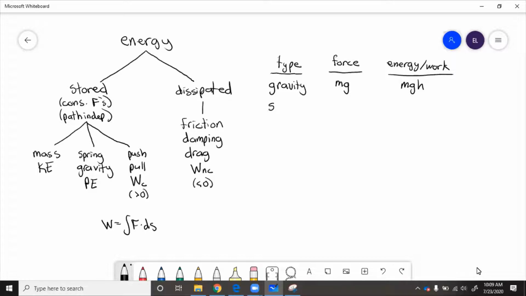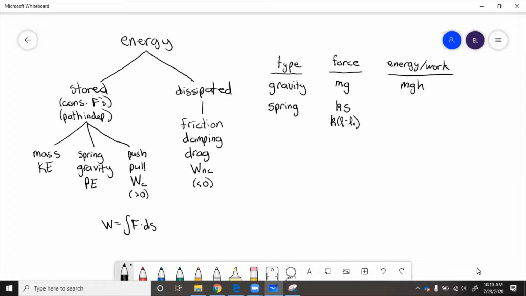Next is a spring. The spring force from Hooke's law is k times s, where s is the distance that the spring stretches. We've also seen that as k times L minus L initial.